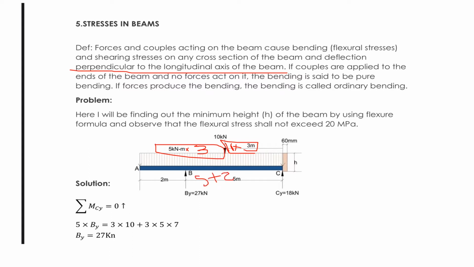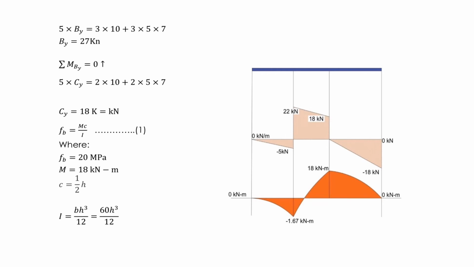At moment B, we find going upward direction clockwise. So 5 times CY plus my CY. This is BY. Let's say this is CY. CY time, this is 5, 2, 3.